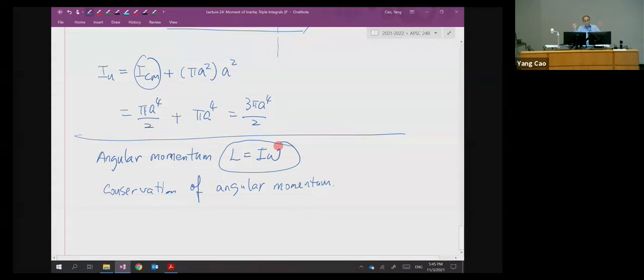They have to shrink their arms all the way as close as possible to the center of the body. That's exactly the conservation of angular momentum. When you extend your arm, you have a bigger moment of inertia, and when you take all your arms back to the center, you have a smaller moment of inertia. So if the moment of inertia is smaller and L is the same, then omega will be faster. And that's the point.